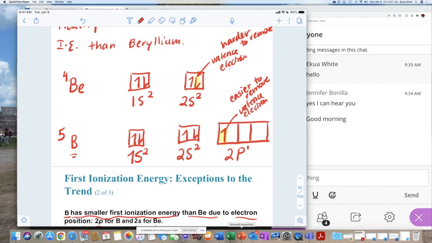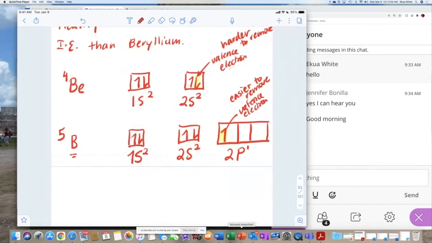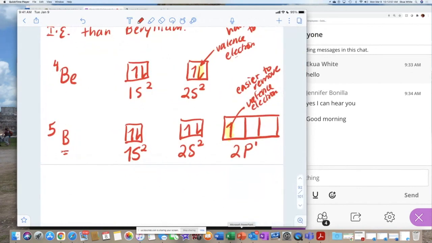But they expected, because boron has got more electrons and it's a smaller size, it will actually be the opposite, that it will be harder to remove this electron, right? So it's like, okay, there's something more going on than what we see. So the rationale here is, once again, when you draw the orbital diagram, the sublevel diagram, you see more details.